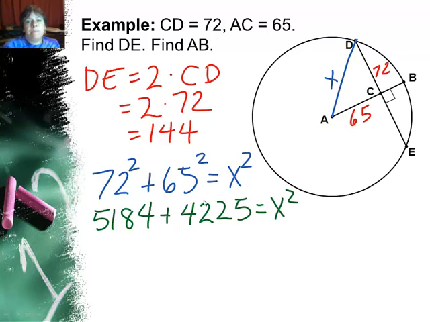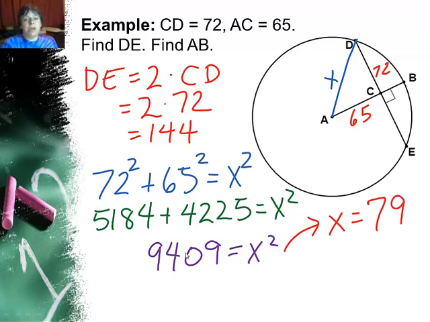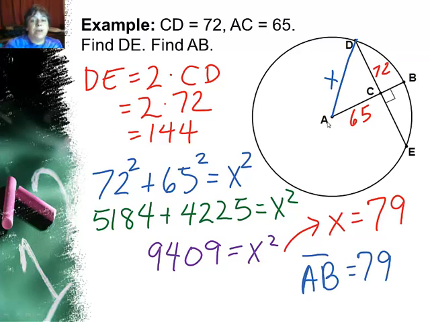Squaring both numbers and adding them together, I get x squared is 9409, or x is 97. Wait, so this radius is 79, which means AB is 79. Which, by the way, means if I wanted to find CB, I could just subtract the 65 from the 79. So I actually know that CB is 14.